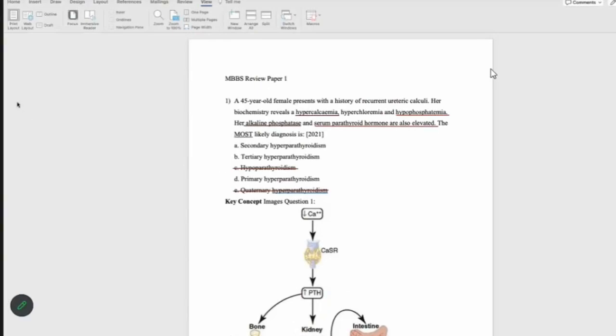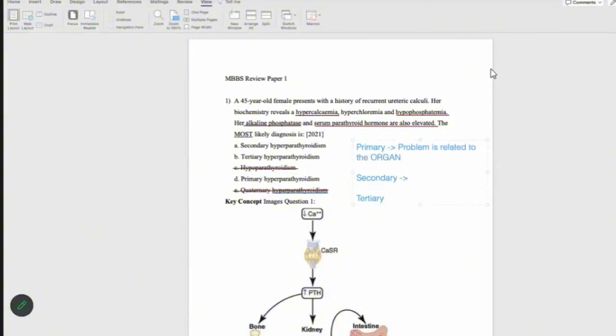Now, what we need to do is understand what's meant by the term primary, what's meant by the term secondary, and what's meant by the term tertiary, right? In any form of pathologies that we talk about in medicine, when you're referencing a particular organ, primary usually relates to the organ. So if you say you have a primary hyperparathyroidism, it means the problem is related to the organ, right?